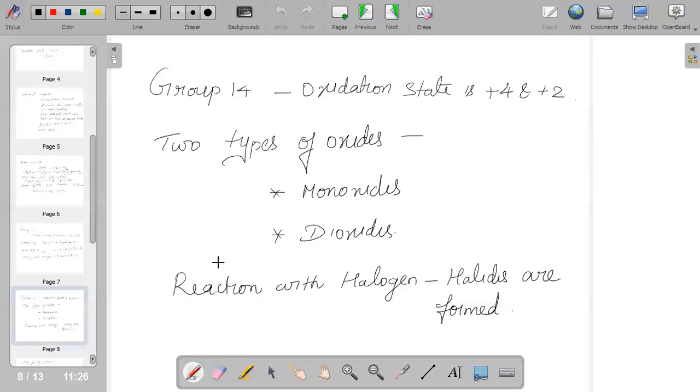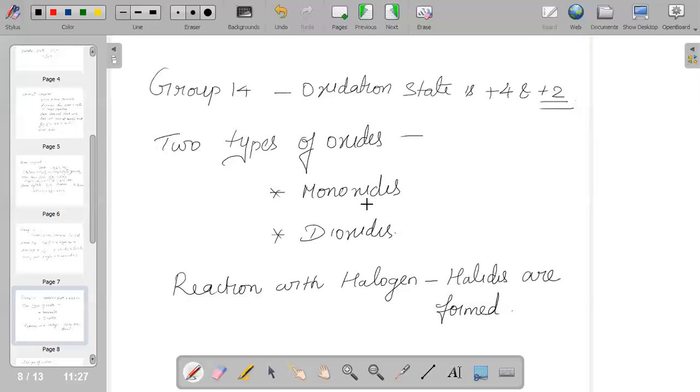The common oxidation state is +4, but lead alone will show an oxidation state of +2 because of the inert pair effect. And all these elements have a special property: if they are present in the +2 oxidation state, they have the tendency of acting as a reducing agent.